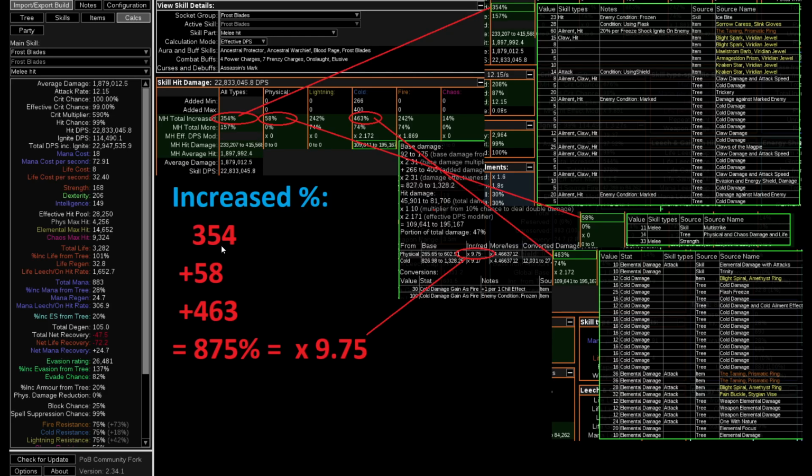So if you add all these numbers together, which is 354 plus 58 plus 463, you get 875% increased damage. That's where this 975 here is coming from. So 875% increase is a 9.75 times multiplier. So that's where that number comes from.